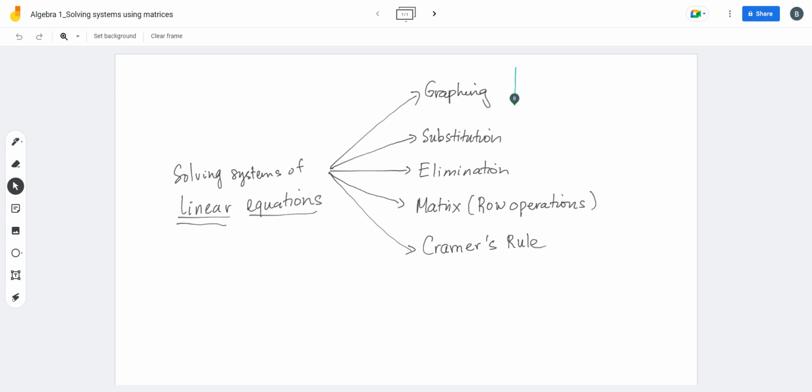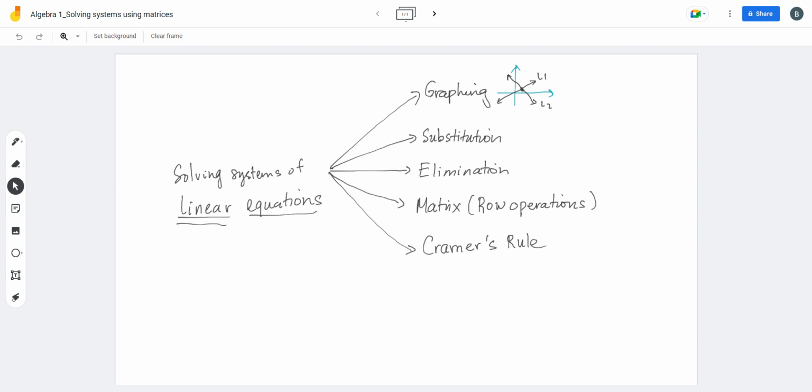One scenario is that the two lines intersect at one point. For example, if you have two lines, line one and line two here, and they cut at only one point, we say that the system has one solution.